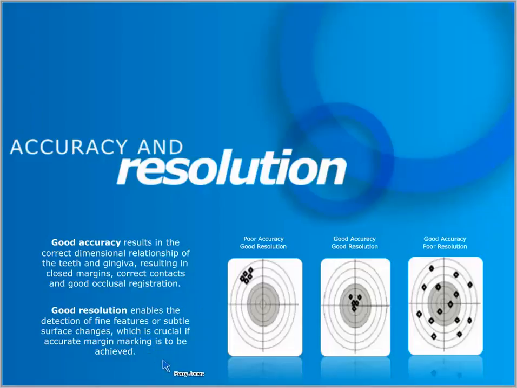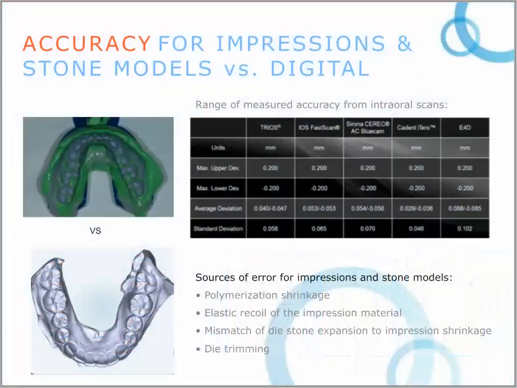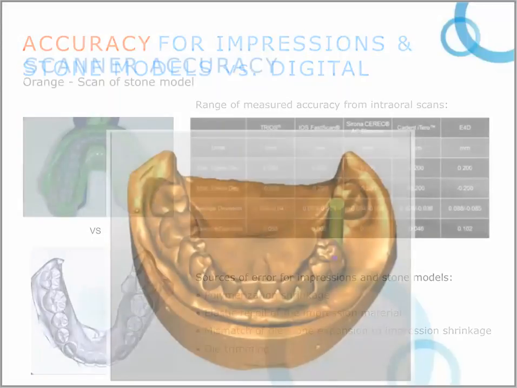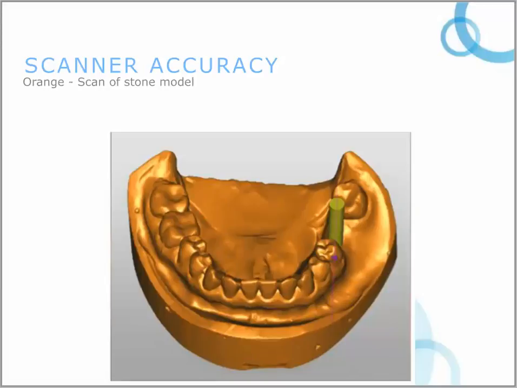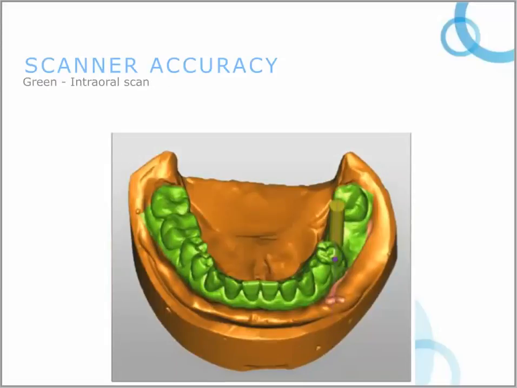Let's look closer at the issue of accuracy and resolution, and we'll make a little comparison of different systems. You can see here is a chart, which we'll look at in closer detail, and we're going to look at a comparison between the accuracy of impression taking and stone models versus digital. Look closely at the slide, and I'm going to hit the next button, and you'll see in green, and I'm going to slide back on this in just a second.